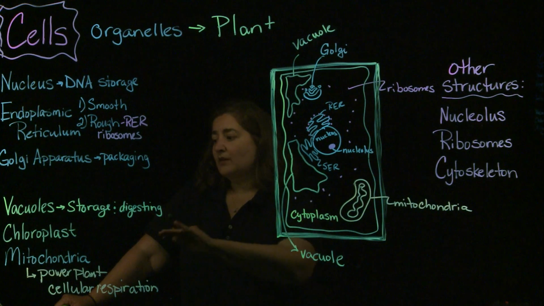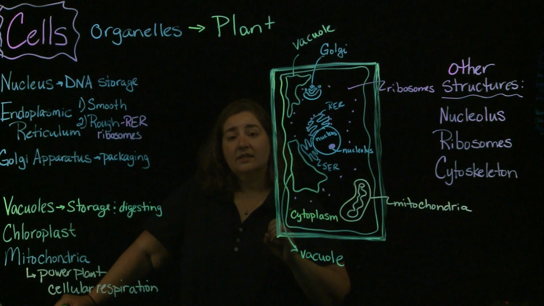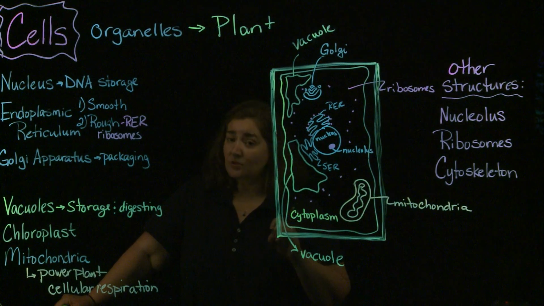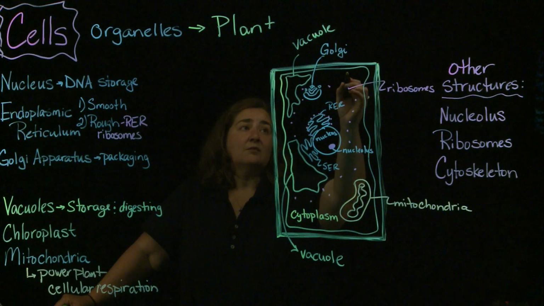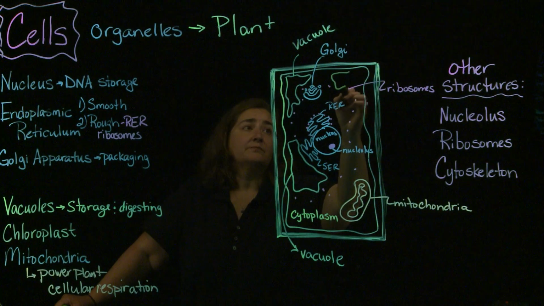Another structure that we've got that's going to be associated with plant cells, but it's not found in animal cells. This is going to be another structure that you can visualize under a light microscope for some types of plant cells, is going to be a chloroplast.